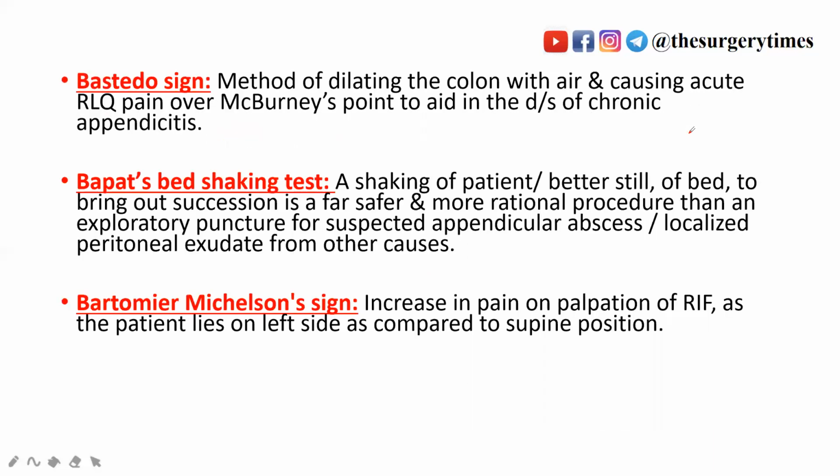Next is Bastedo sign. Bastedo, like bastard: bastard people can dilate the colon with air. You can remember it like this, because no normal person can dilate the colon with air. Dilating the colon with air may cause pain over the right lower quadrant, which indicates chronic appendicitis. Next is Bapper's bed shaking test.